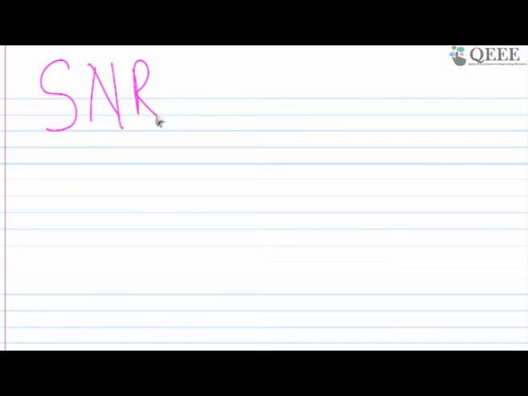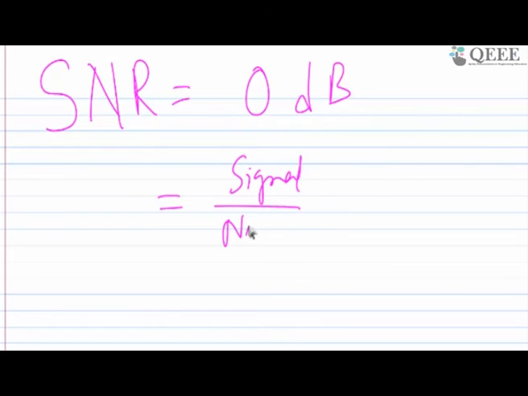If you need a very poor SNR, meaning 0 dB, which is when signal and noise are equal, there is no single system where we need this, but if you want to make poor electronics, you can do that. There is no device where we need 0 dB of SNR.